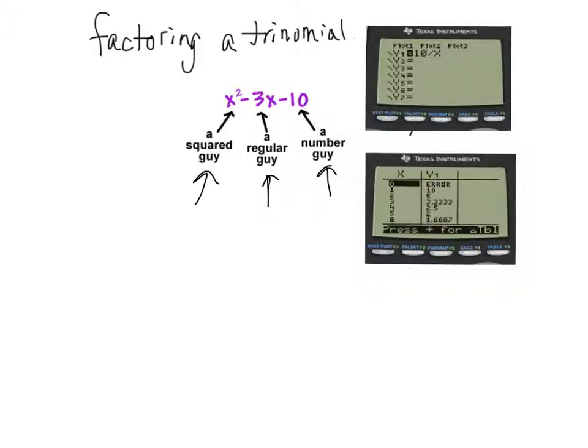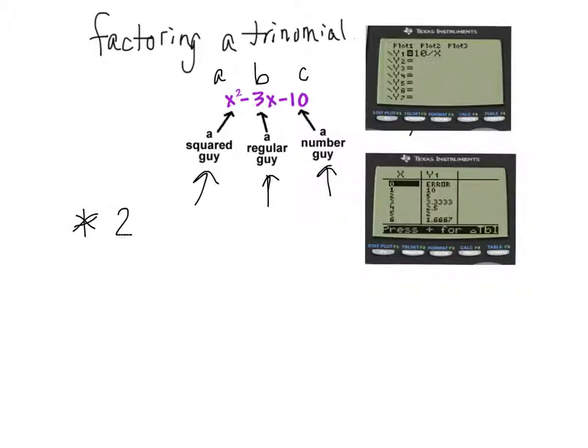Now as we go through this, what we are trying to remember is that this would be considered our A term, this would be considered our B term, and this would be considered our C term. And how we factor a trinomial is what we're looking for.